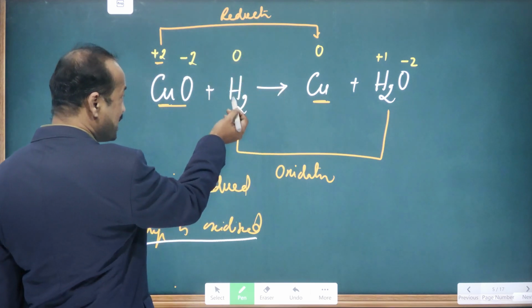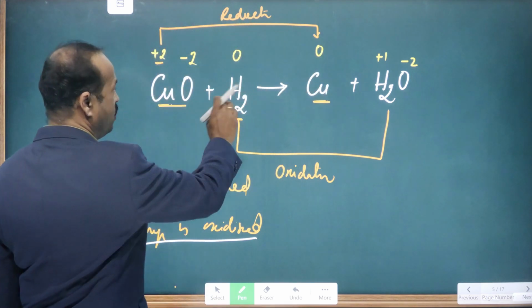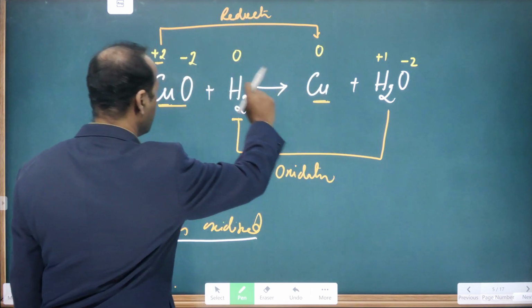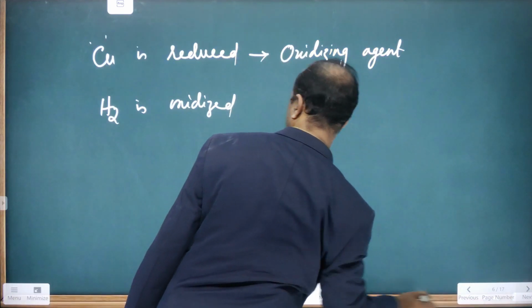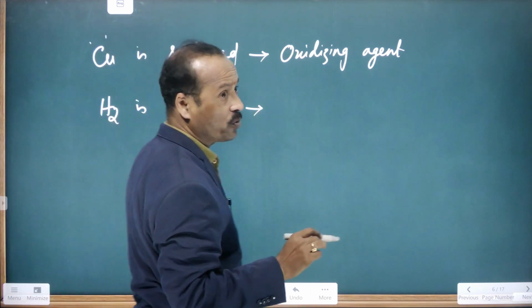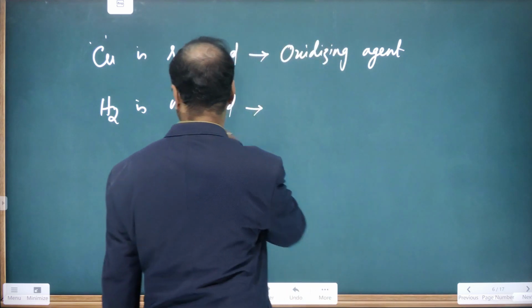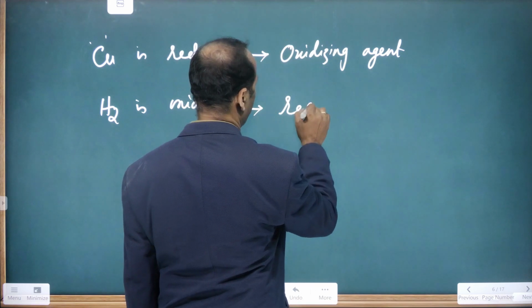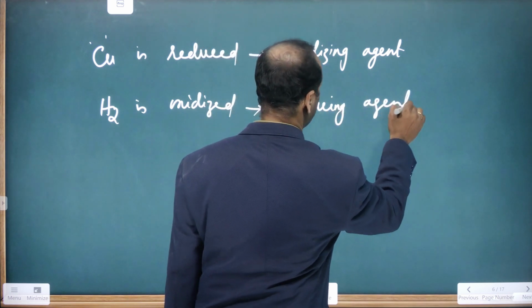Means hydrogen is helping the copper oxide to get reduced, by taking the oxygen. So hydrogen is called a reducing agent. What is it called? Reducing agent.